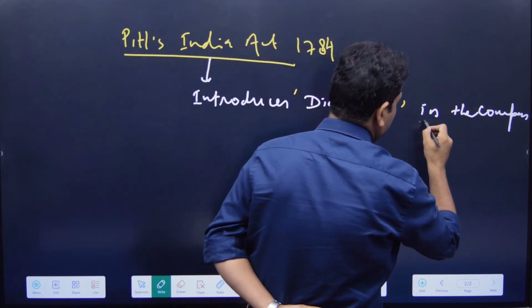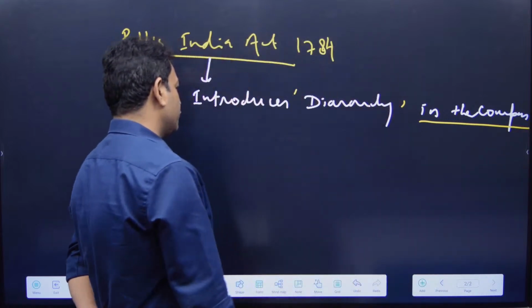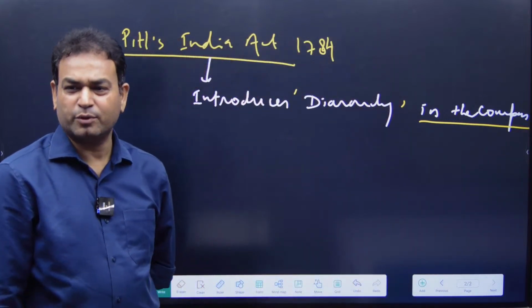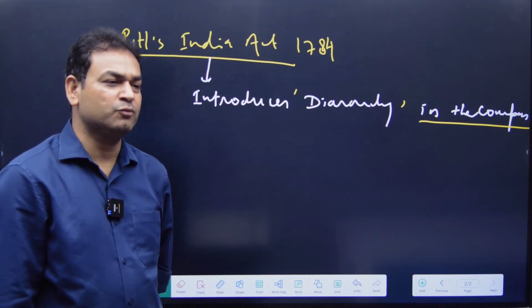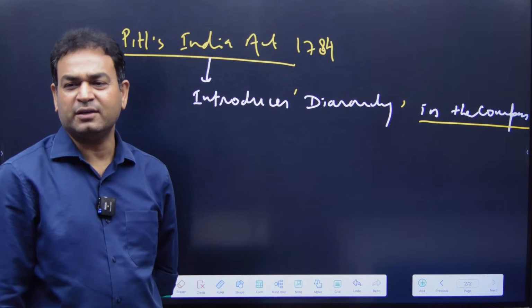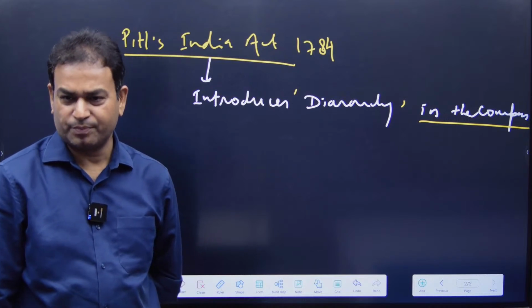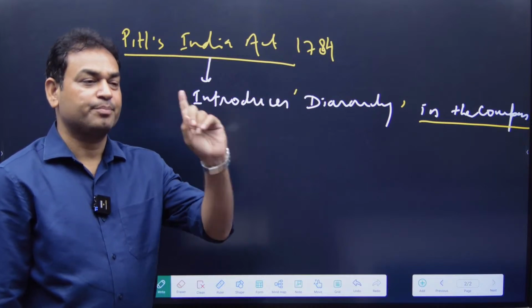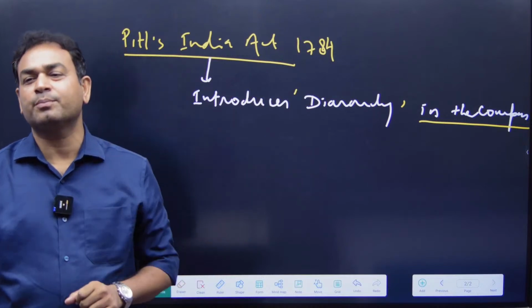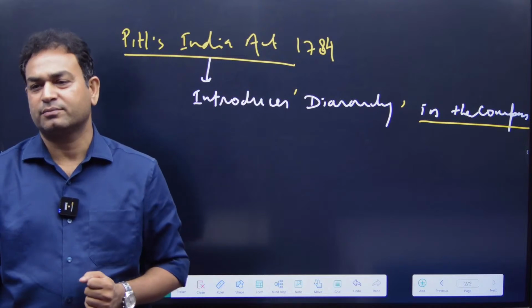This question is of much importance because in prelims it has been asked that in which year the hierarchy in East India Company was introduced. Here 4 questions of the same type. Hierarchy in East India Company, 1784.